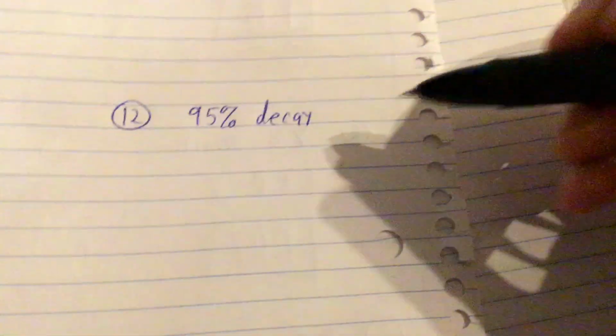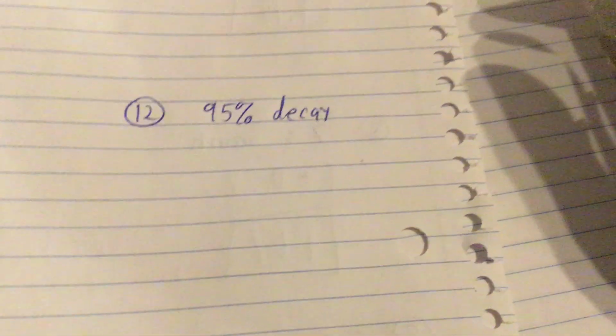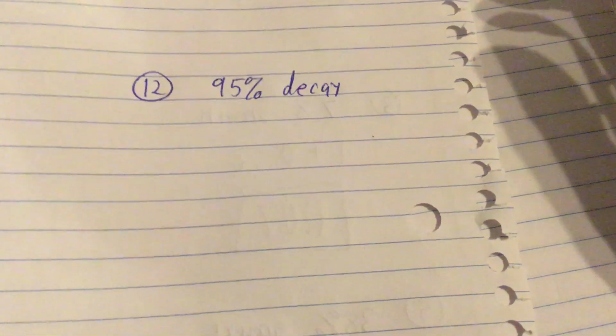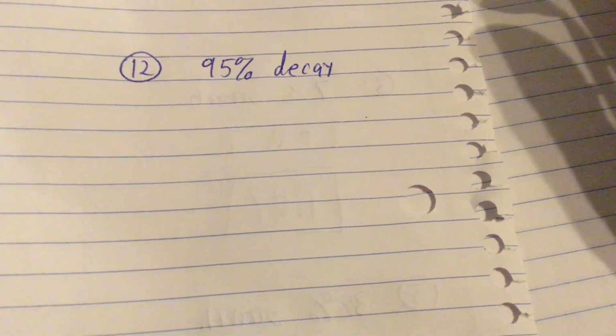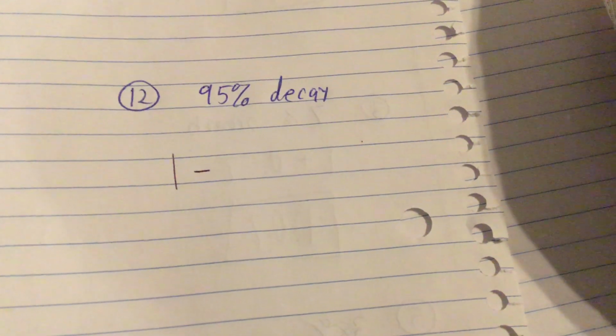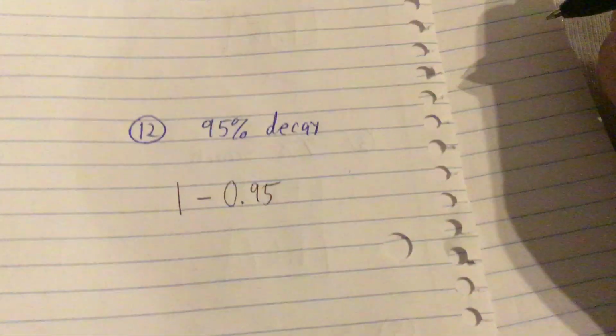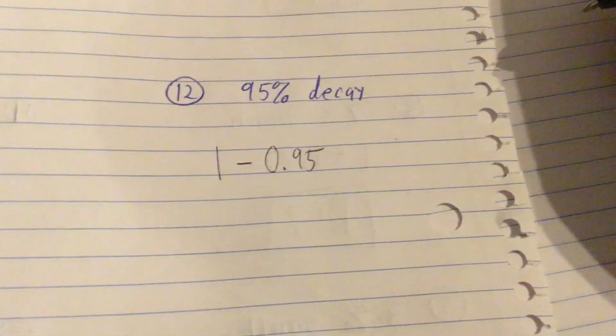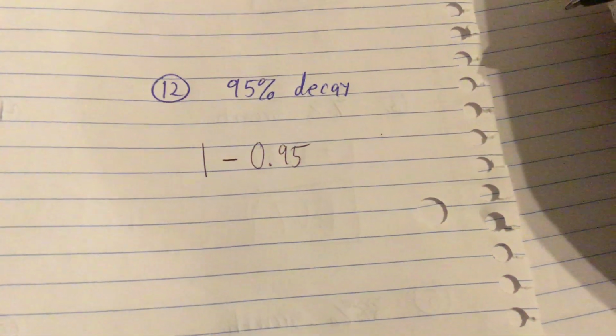All right. What happens if it's a decay rate of 95%? What's my scale factor going to be? That's going to be 1 minus 0.95. That'd be a phenomenal coupon. I'd love to go shopping if something was 95% off.